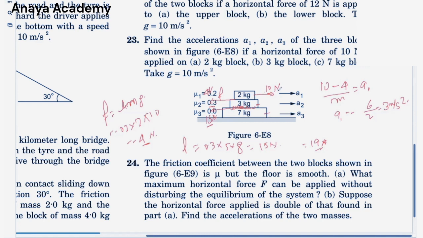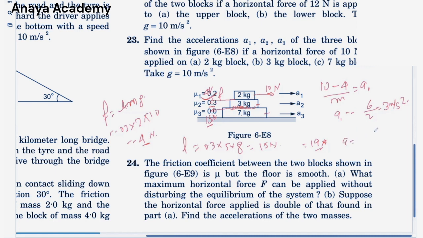So when 10 Newton is applied, 4 Newton of force is acting in the backward direction. Actually, this frictional force will drag the whole system. The reason being this surface is frictionless. See the screen. This surface is frictionless, so the drag force will act as the applied force for 3 and 7.